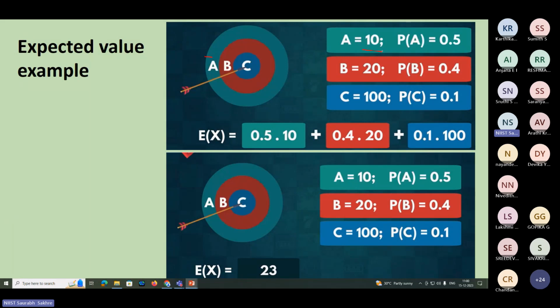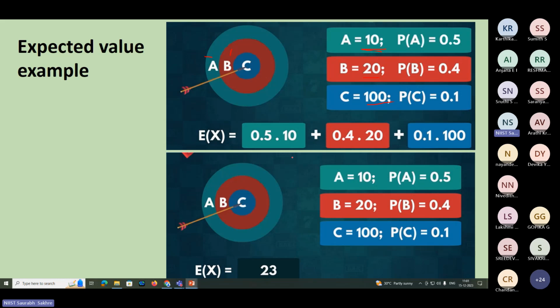You know, when there is a shooting competition, the closer you are to the center, the more marks you will get, the more score you will make. It is like that only. If you are hitting on A, you will get 10 marks. If you are hitting on B, you will get 20 marks. And if you are hitting on C, you will get 100 marks.